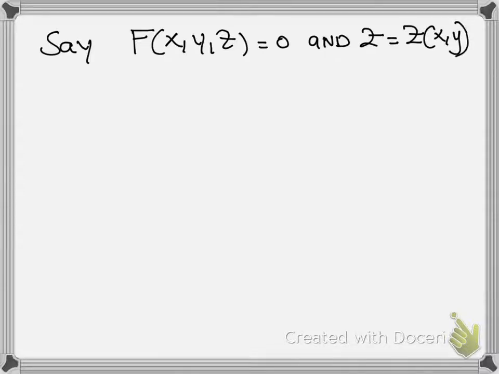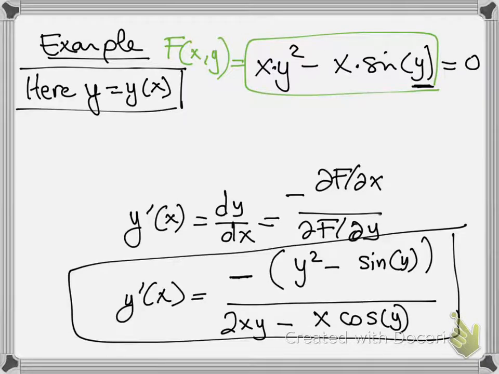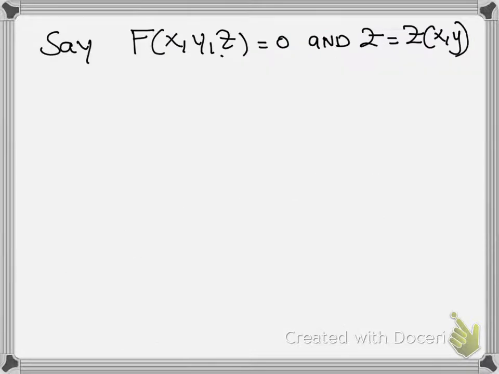Basically, what I'm saying is that you have only 2 independent variables, x and y, and the variable z depends on x and y. Before, we had f of x, y, but only y was a function of x. Here you have x, y, z, but z is a function of x and y.